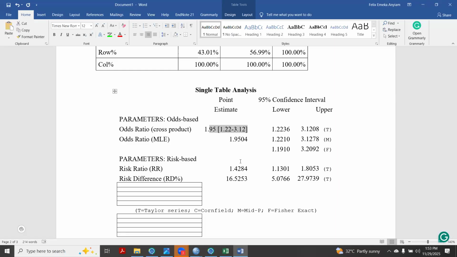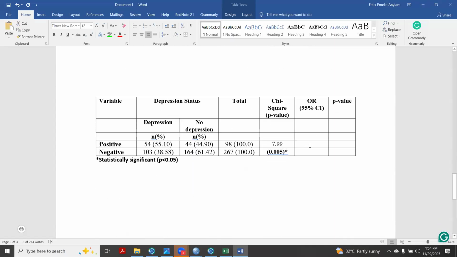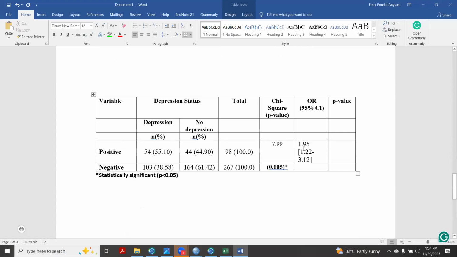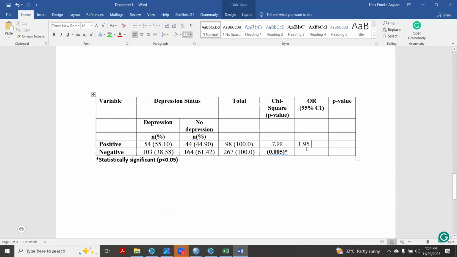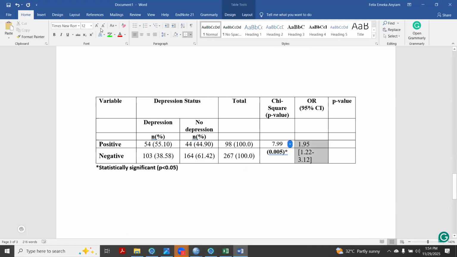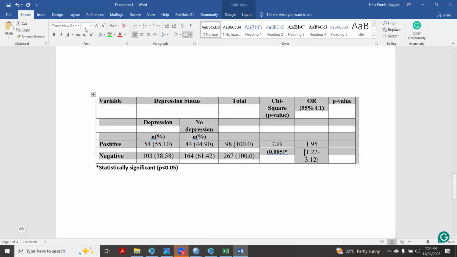So copy everything and paste it here. Okay, so this is settled. So I can cut this and put it under so that it will align well. Good. Okay, so maybe I can make this 11 so that they can fit in well.